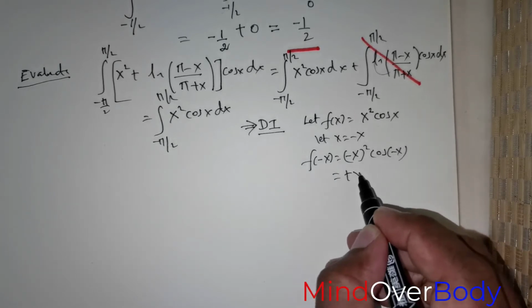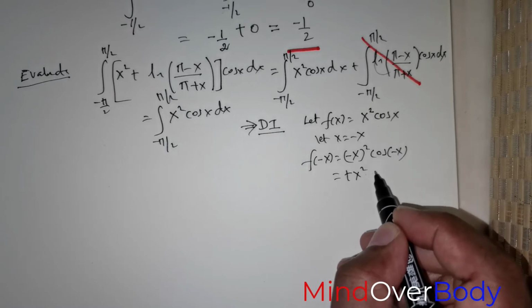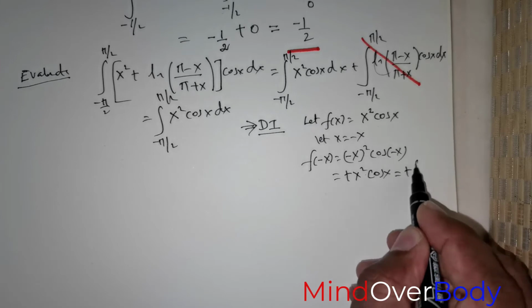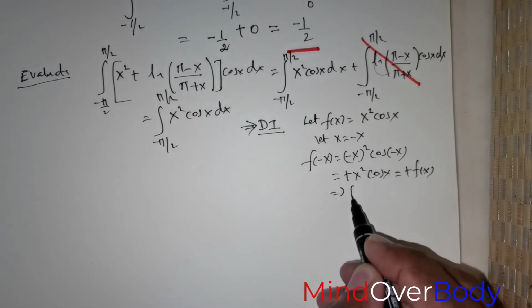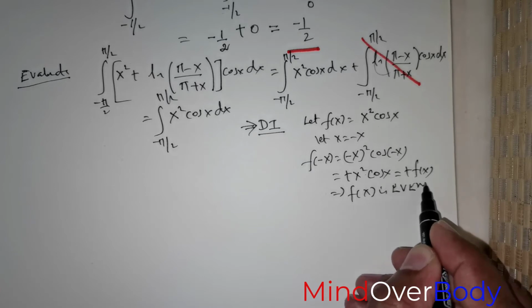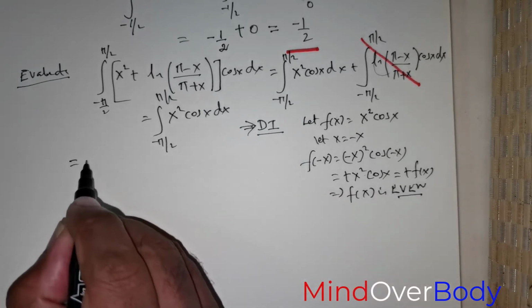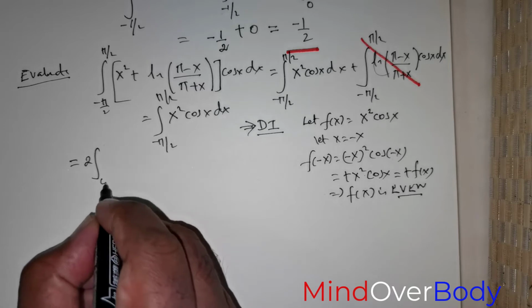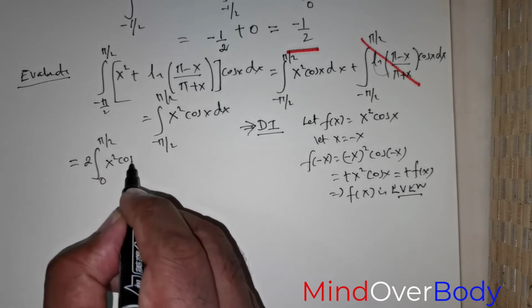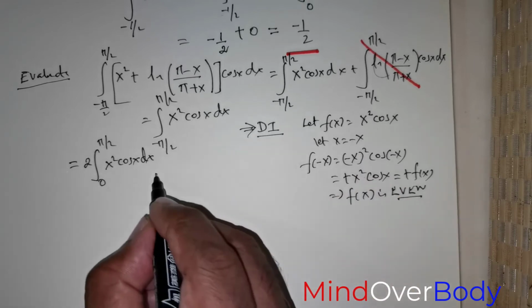This is going to give me positive x squared and positive cos x, and clearly this is nothing but positive f of x. So this would mean the given f of x is an even function. Now because it is even, I can rewrite this as 2 times the integral from 0 to pi over 2 of x squared times cos x. So now we will apply the DI method.